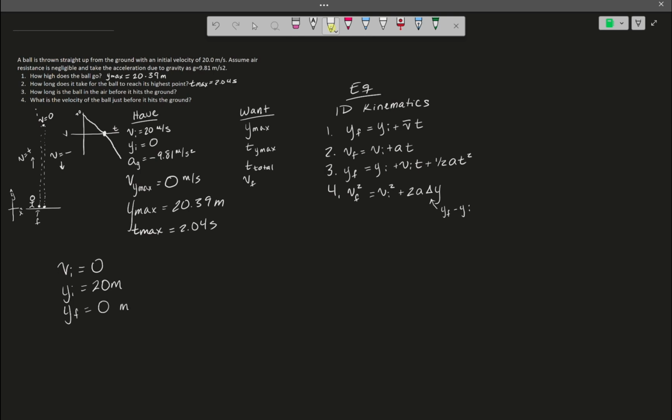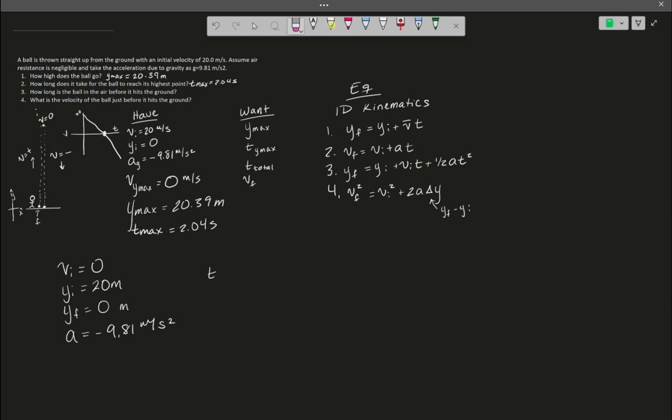Because we're considering our positions to be locations on a number line. In this situation, the number line on the y-axis. We also have that the acceleration is going to be negative 9.81 meters per second squared, and we want to find the time that it takes.